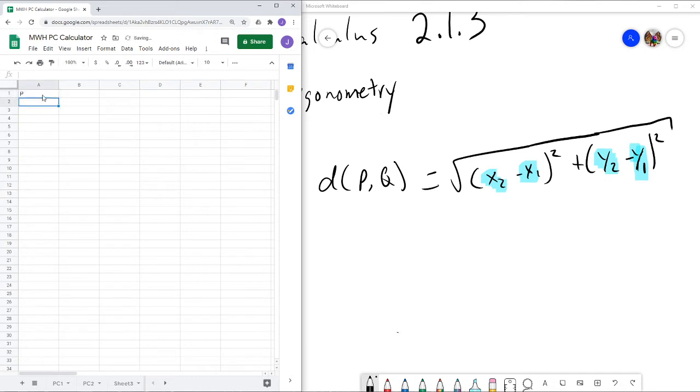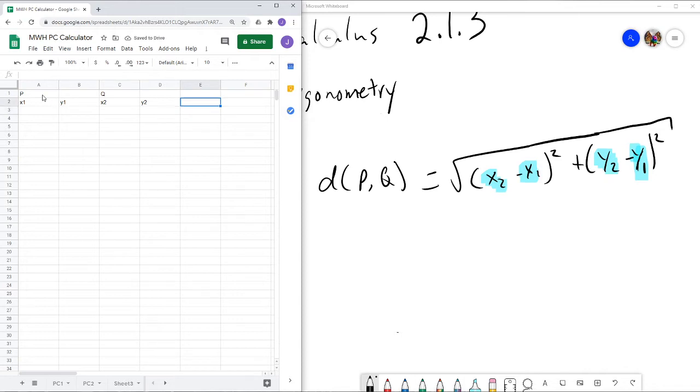So here's P, call it x1, y1, and then Q, x2, y2.